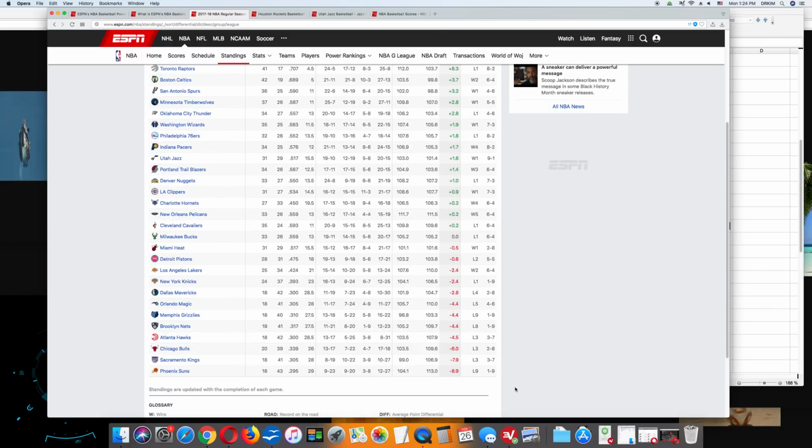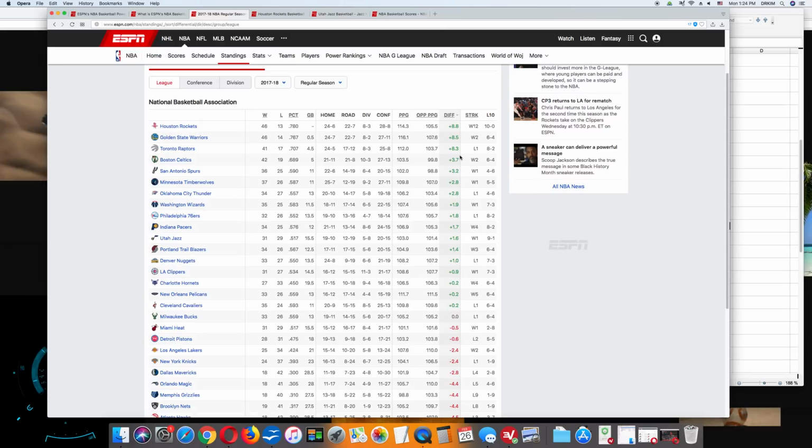And margin of victory, you got Sacramento, the Phoenix Suns and Chicago Bulls at the bottom. At the top, you got Houston Rockets, Golden State Warriors, Toronto Raptors. Everybody else is plus or minus 4. So that's where the parity comes into place. But if you assume parity, it's a false assumption because it's incomplete. You have to say parity plus outliers. Those are the two things that you have to keep in mind.